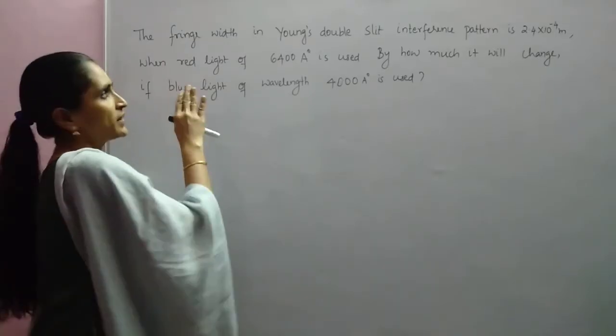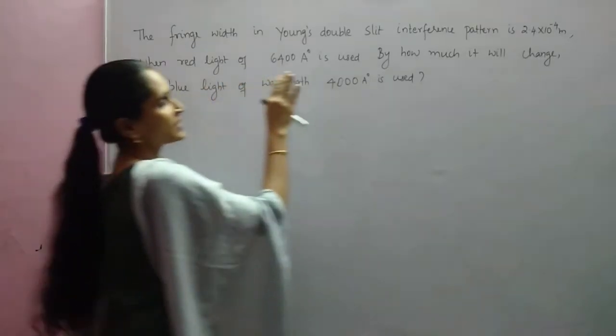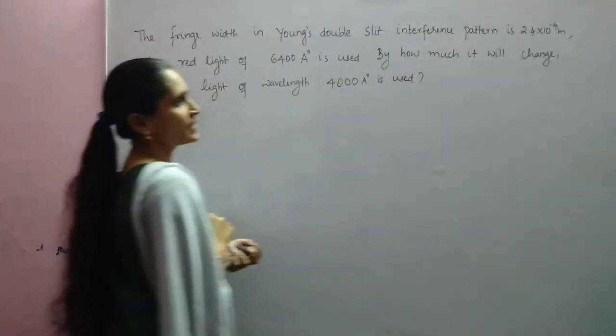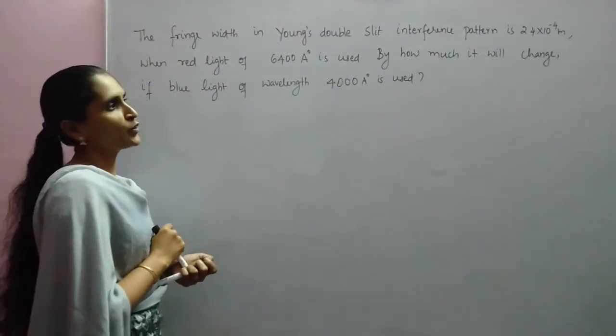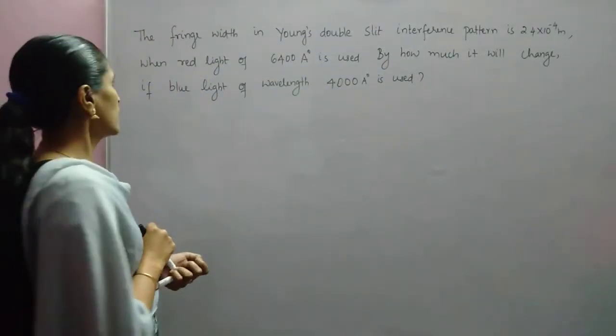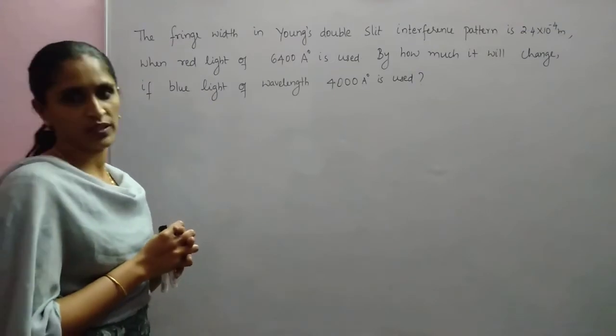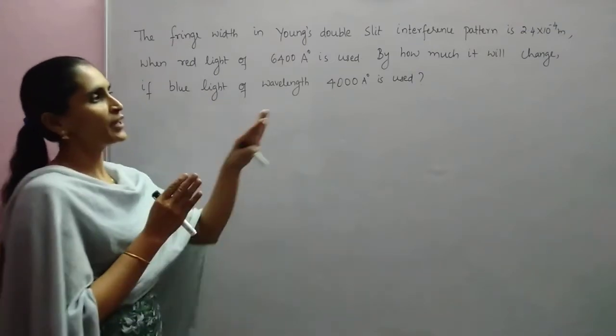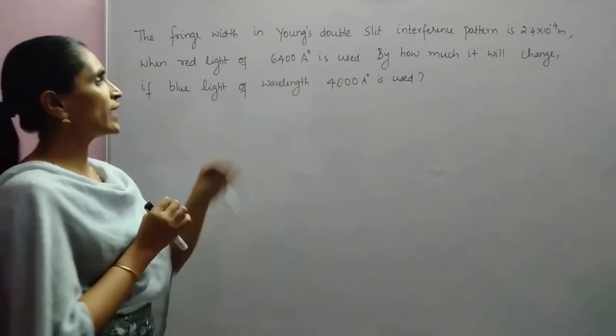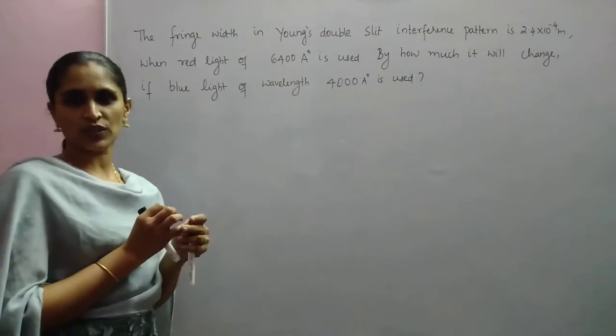The fringe width in Young's double slit interference pattern is 2.4 into 10 raised to minus 4 meter when red light of 6400 angstrom is used. By how much will it change if blue light of wavelength 4000 angstrom is used?